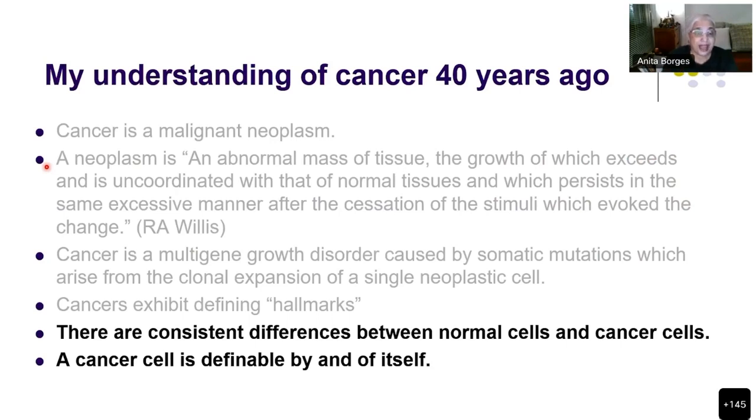there is this other problem. And that problem is, we believe, and that's what we pathologists are supposed to, that's how we make our living, that there are consistent differences between normal cells and cancer cells. And we can see it. That a cancer cell is definable by and of itself.